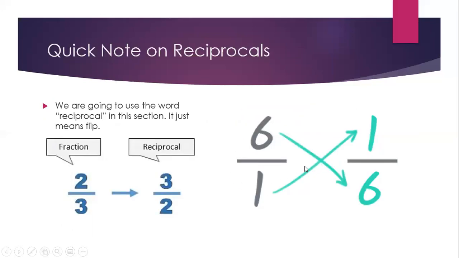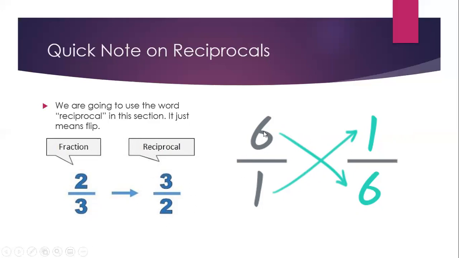All right. We're going to use a term, and that term is going to be reciprocal. Reciprocal just means flip. So the reciprocal of 2/3 is, if you flip 2/3, 2's on top, 3 on bottom, if you flip that to 3 on top and 2 on bottom, then that's reciprocal. The reciprocal is 3/2.